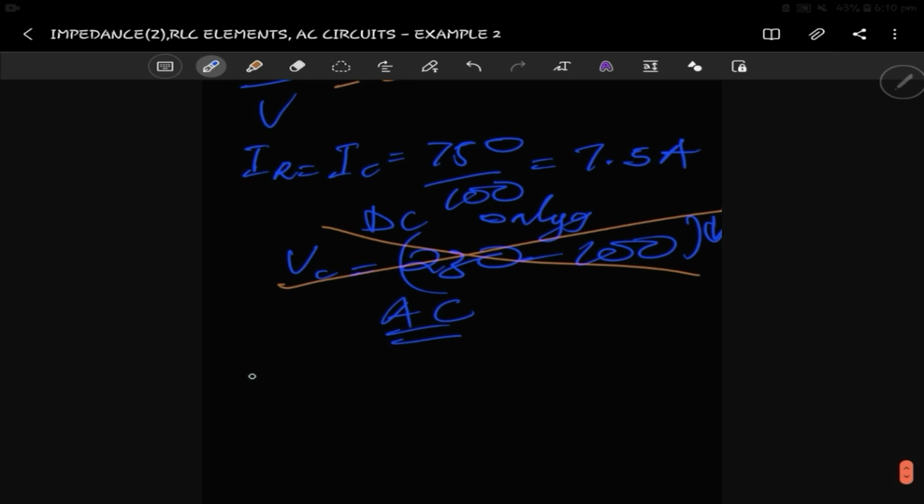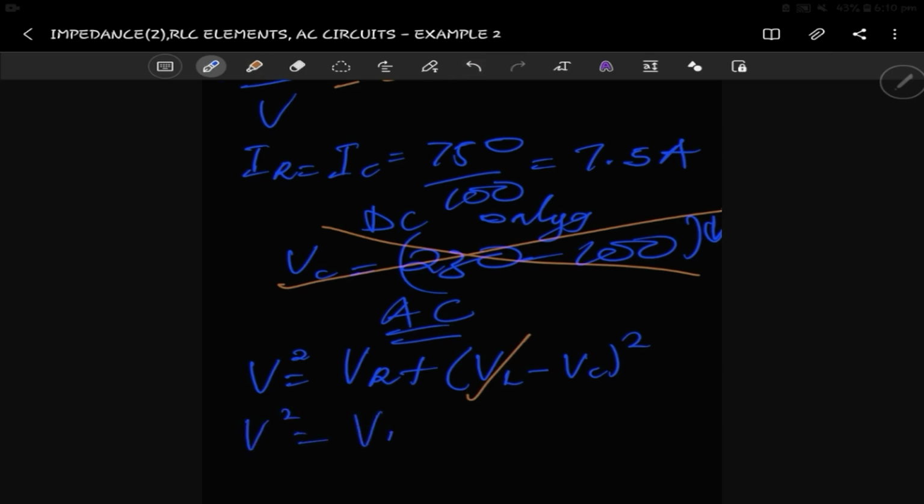We get to know that they are vectors. So clearly we see that V squared is equal to VR squared plus (VL minus VC) squared. But in this case, we don't have any inductor in the circuit, so VL is out. So we end up with V squared equal to VR squared plus VC squared.